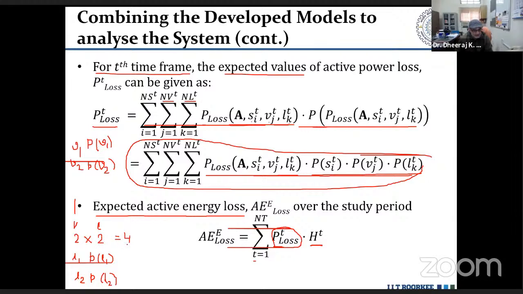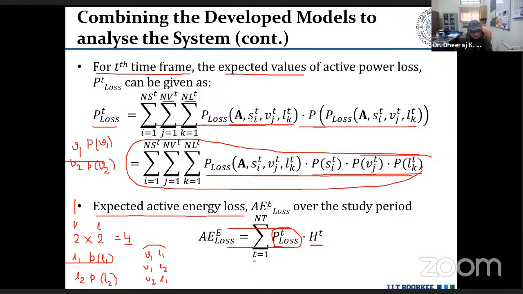So total possibilities we are having 4. So we can write those: V1 L1, V1 L2, V2 L1, and finally V2 L2.